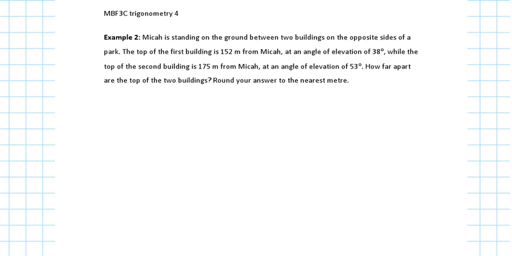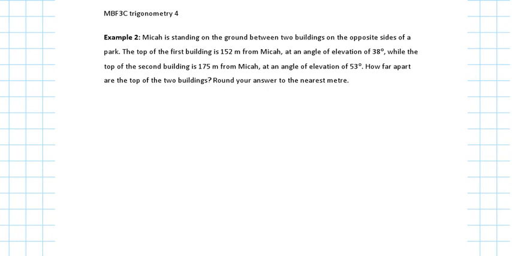Micah is standing on the ground between two buildings on the opposite sides of a park. So Micah is standing in the middle on the ground between two buildings, and the two buildings are on either side of him or her.